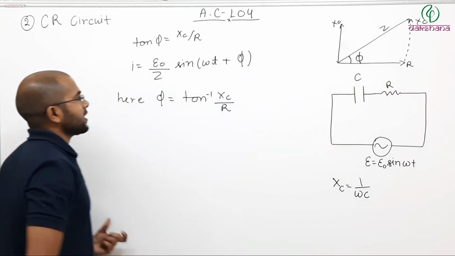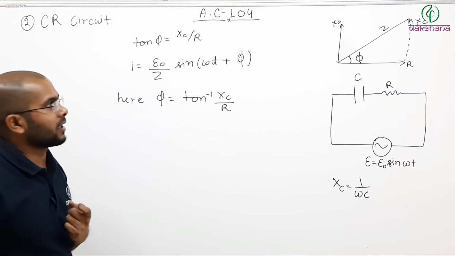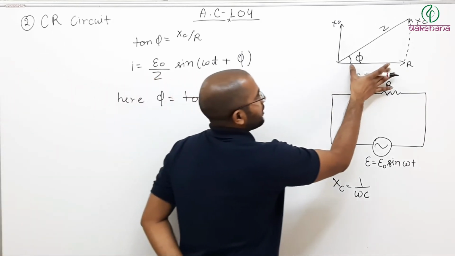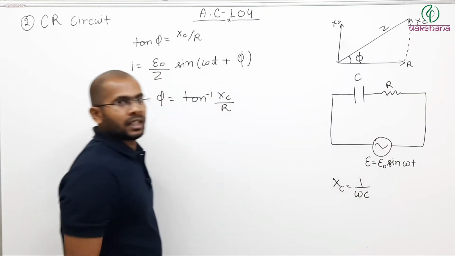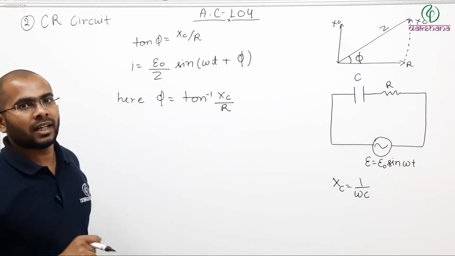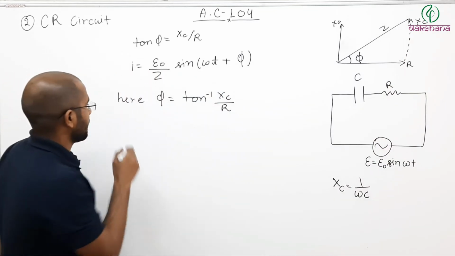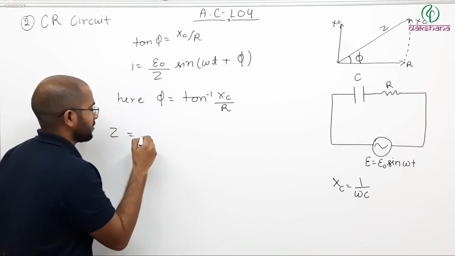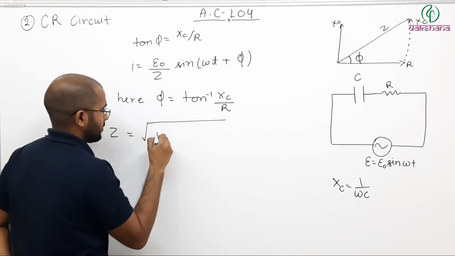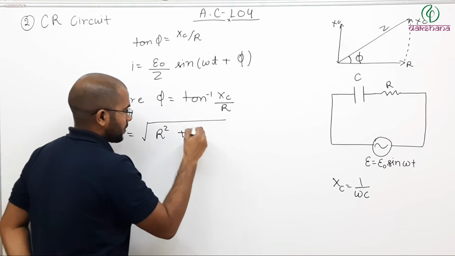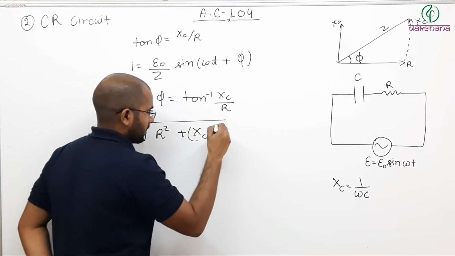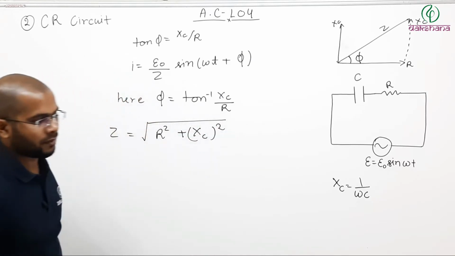Now what is Z here? Z is nothing but the vector sum of R and XC. And since R and XC are making a right angle triangle, you can say Z is nothing but under root of R square plus XC square. That is the value of Z.